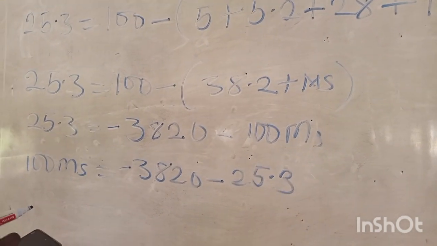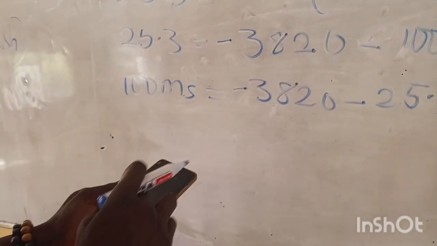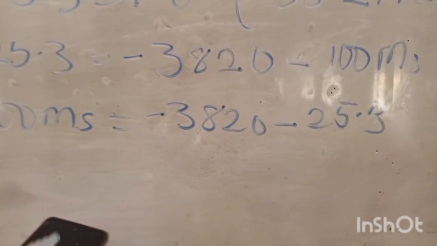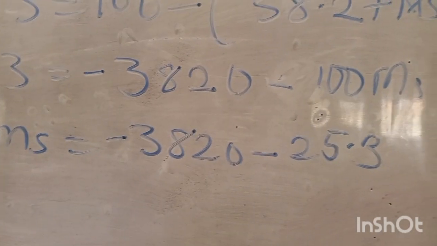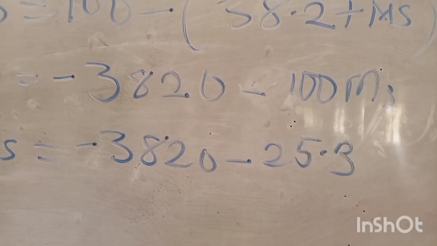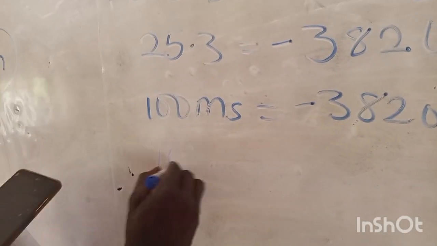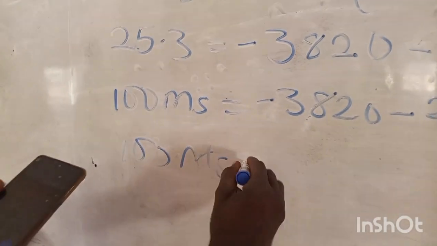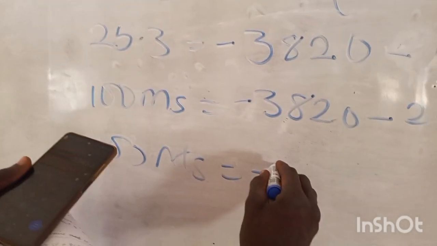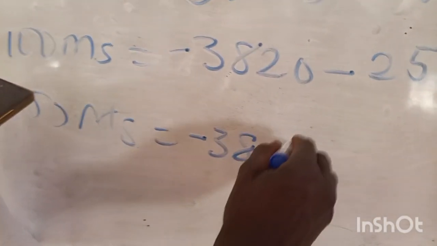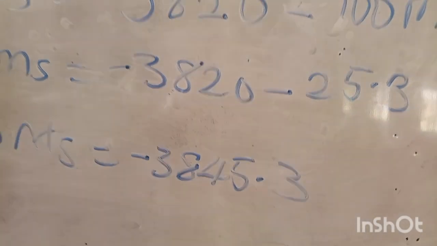So how do we get that? What do we have? So we are having 100 MS is equal to minus 3845.3.